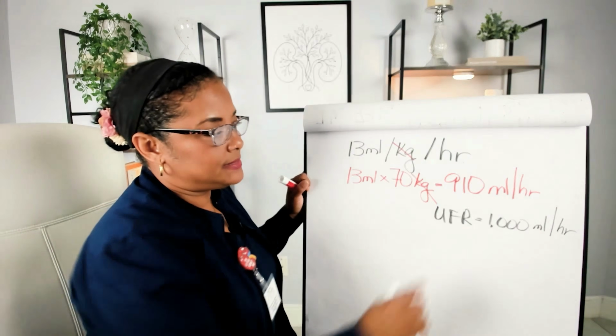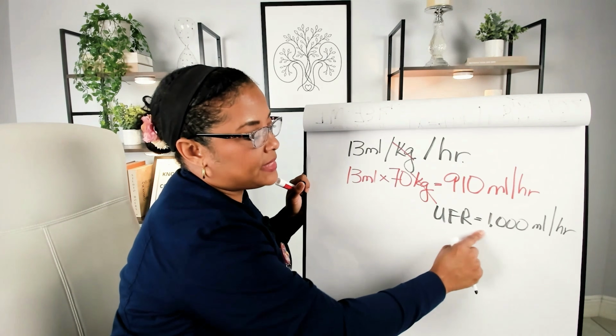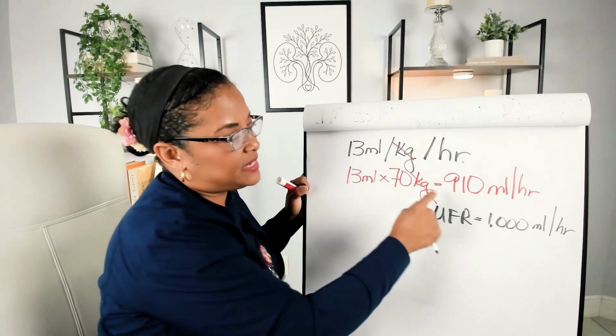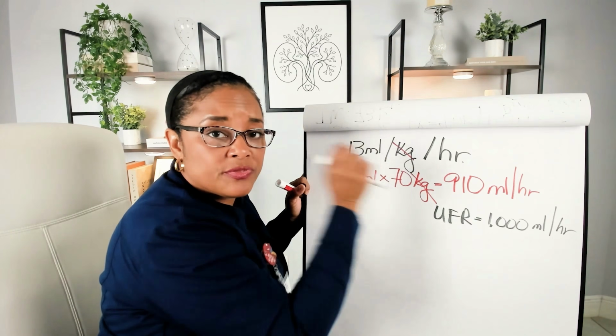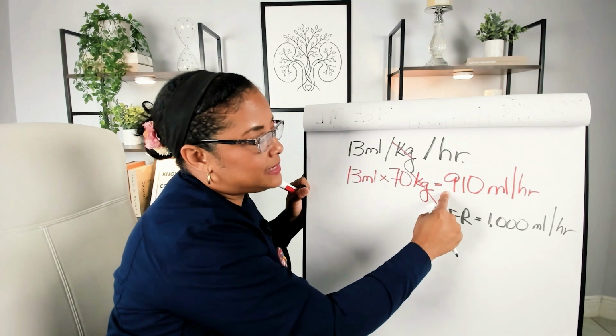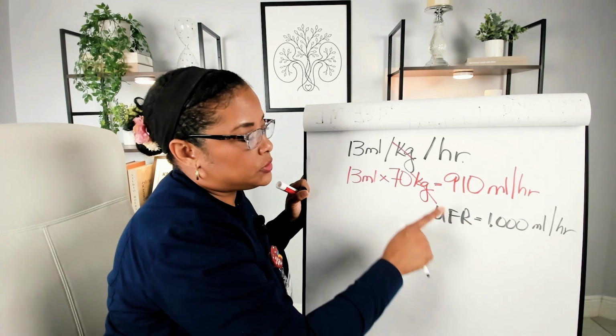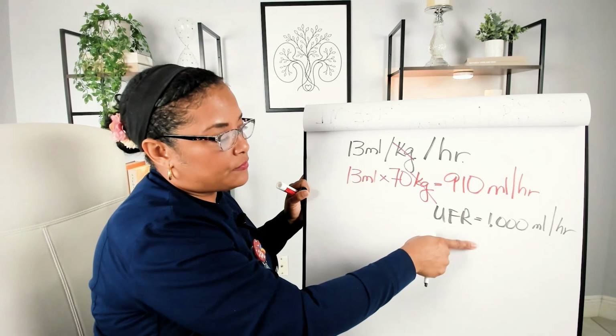So that means that this 1,000 will not work for this patient. I'm going to have to lower this a little bit because the maximum allowed for this specific patient is 910 milliliters per hour. Okay? So here we know and we can confirm.